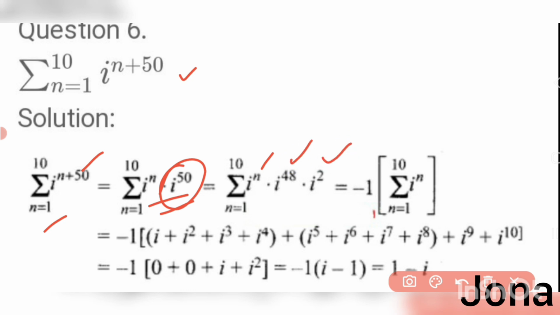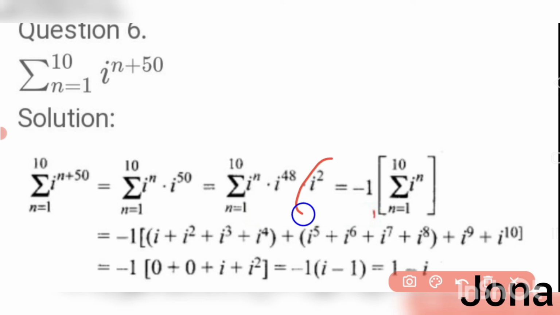That's nothing but 48 plus 2, isn't it? So I can again split this as i^48 into i square. Okay, and then this i square value is minus 1. So keep this minus 1 here itself. And i^48 is 1, so no need to put the number here.